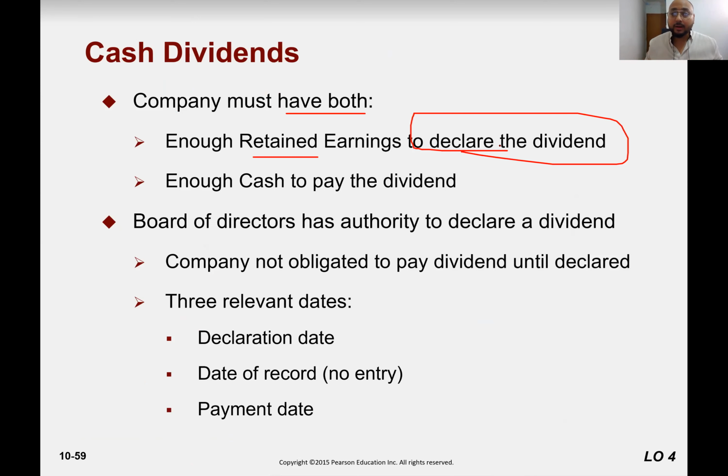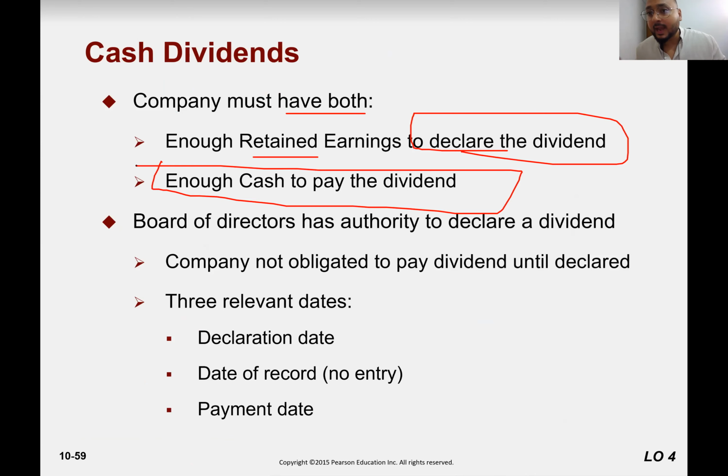When the dividend is declared, it means the company is now obligated to pay, but the payment date can be different. The second thing is the company must have enough cash to pay. Remember, profit and cash are two separate things. Sometimes we don't have cash, but we have a profit. Cash will come after some time, right? So in order to pay the dividend, the company must have cash in the company's account.